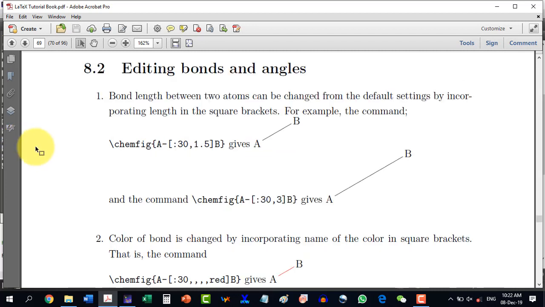In section 8.2, we will try to edit the bonds and the angles between them. Now if, for example, I want to make a bond between A and B and it is at 30 degree, but I would like to change this length. So this length can be changed by writing 1.5 b, and this will mean that the length of this line will be at 1.5 scale.